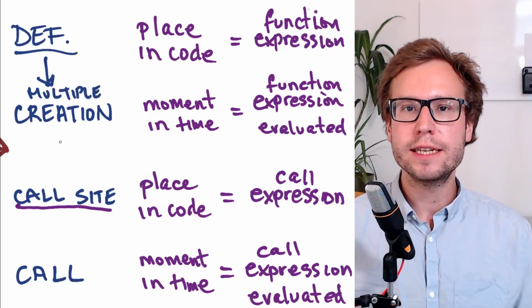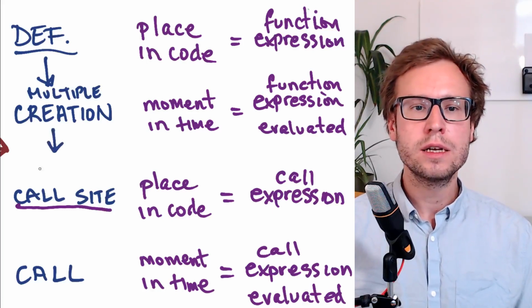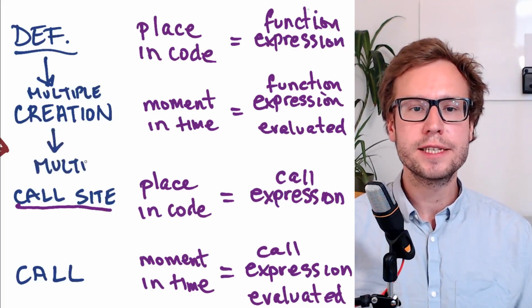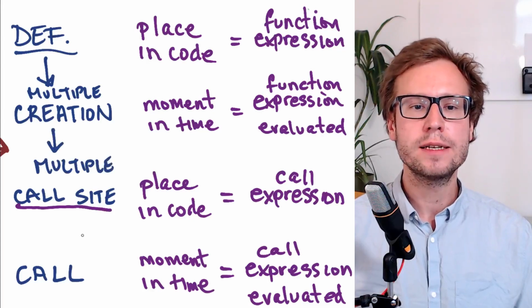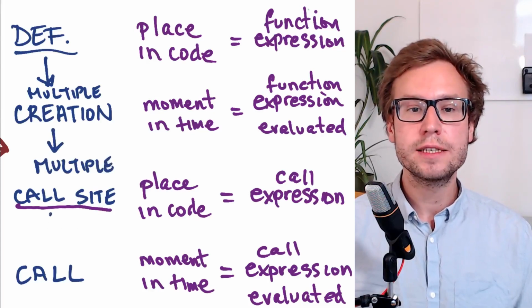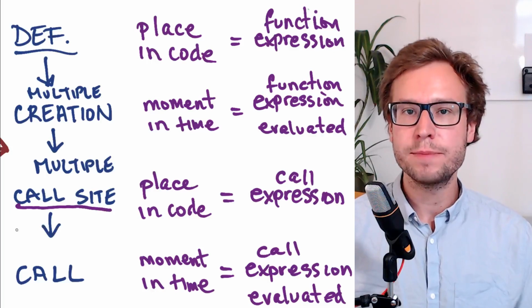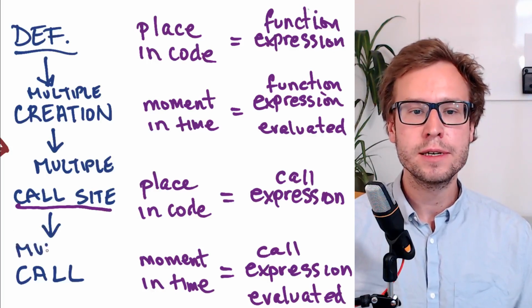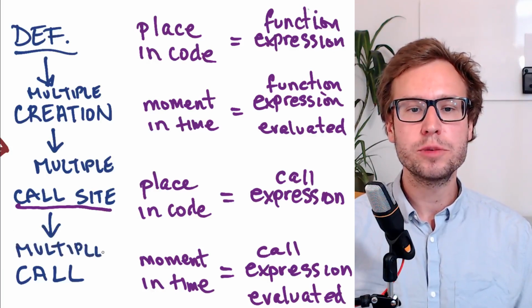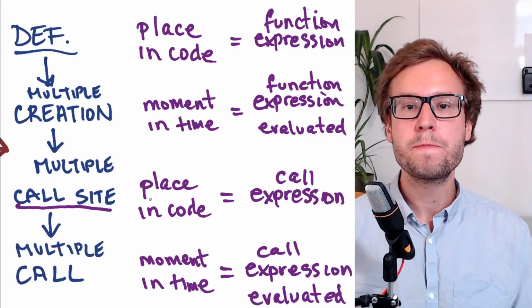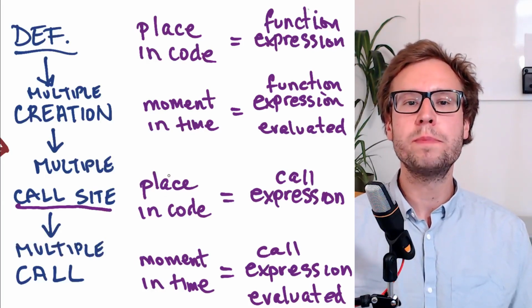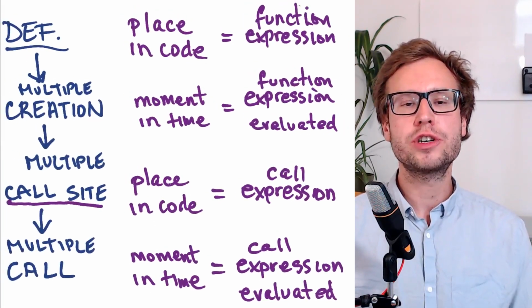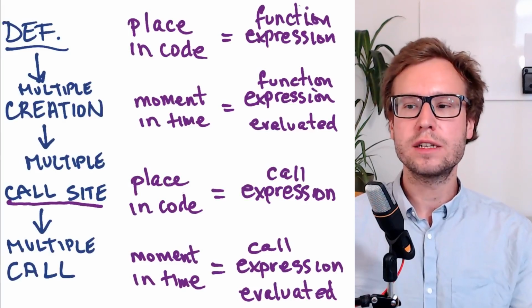And once you've created these functions, you might have multiple call sites. Why not? And for each call site, the code could reach that site multiple times easily. So you have multiple calls. And that's it. That's our big picture of the life cycle of a function.